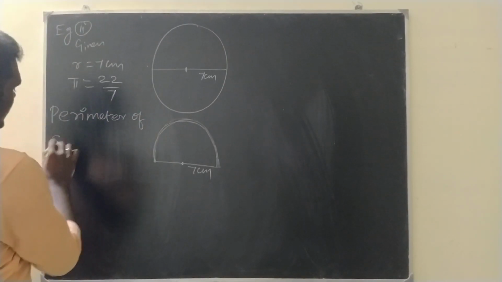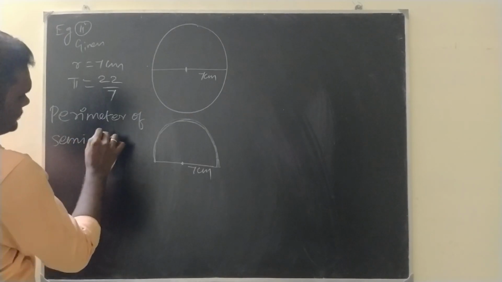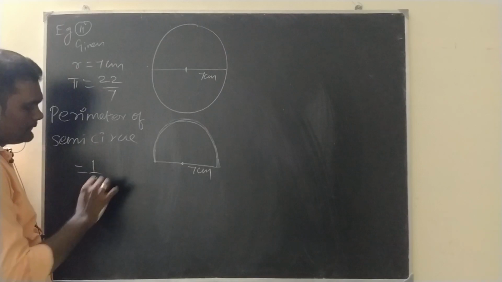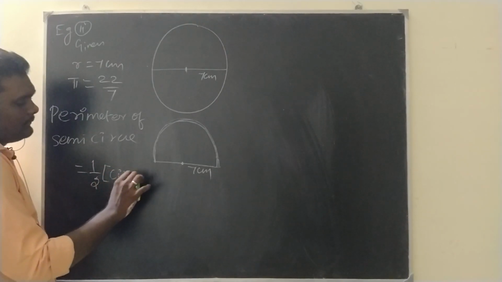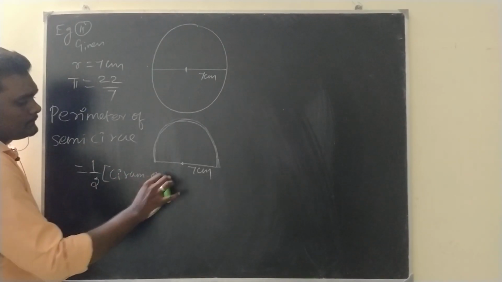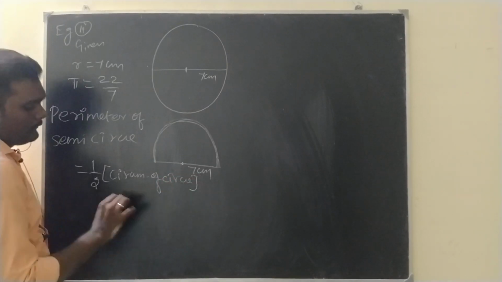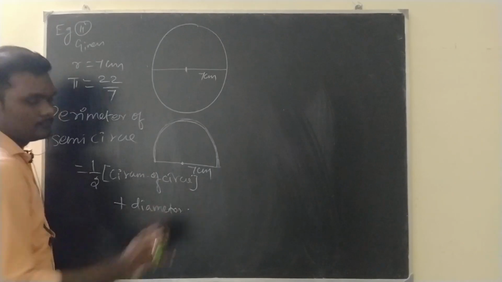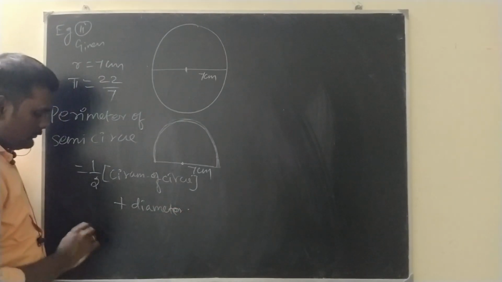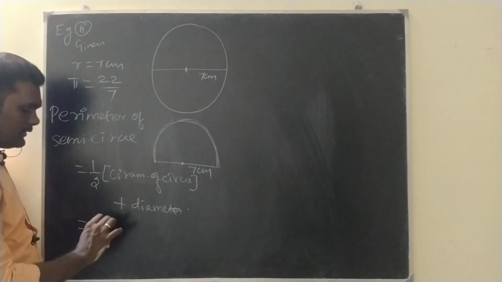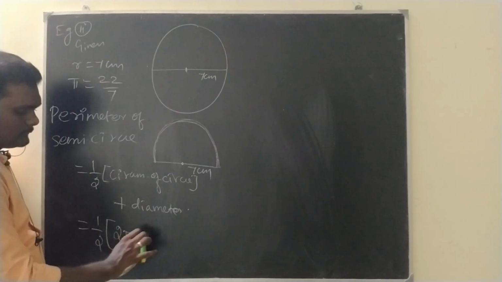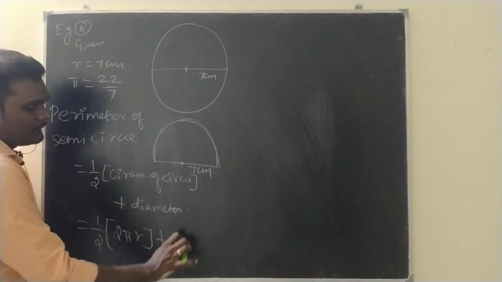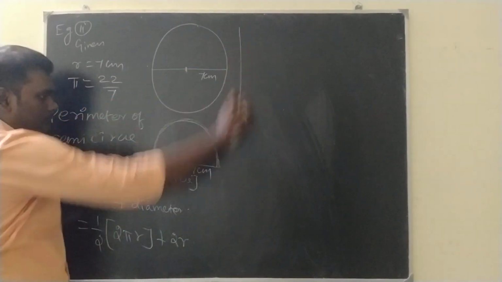Then the perimeter. Perimeter of semicircle is half of circumference of circle plus diameter. Okay. What is half of circumference of circle? 2 pi r plus diameter. Diameter is 2r.